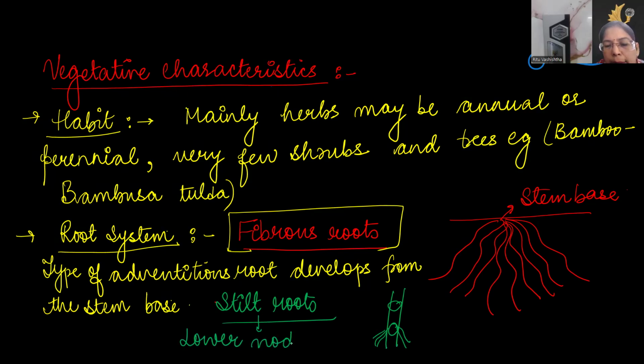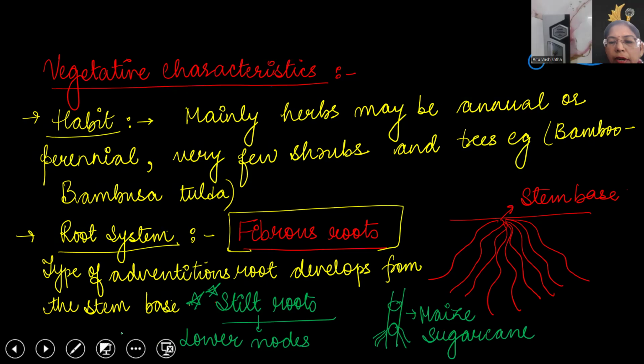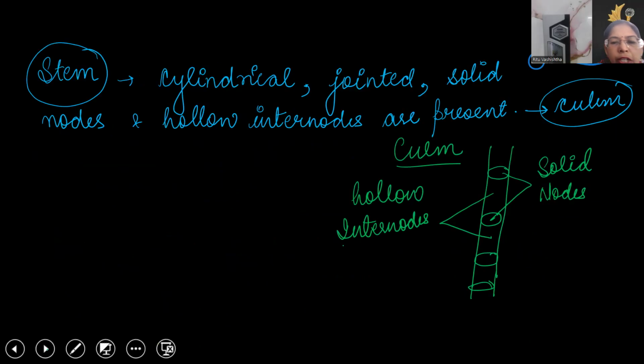The example for stilt roots is maize and sugarcane. These are the plants in which stilt roots are present. You should know this very well because the exceptions are always asked. In the general fibrous root system, stilt roots are present. So I believe it's clear that the stem is cylindrical, jointed, with solid nodes and hollow internodes.